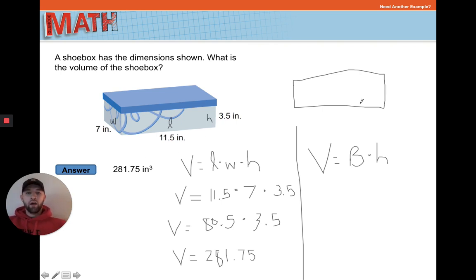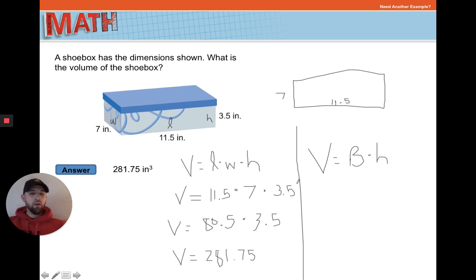My length, the sides would look like this. It would still be 11 and 5/10. And the other side would be 7. Okay? So I would need to find the area of this rectangle. I do that by just multiplying these two things together.